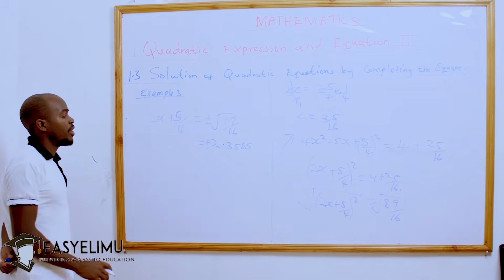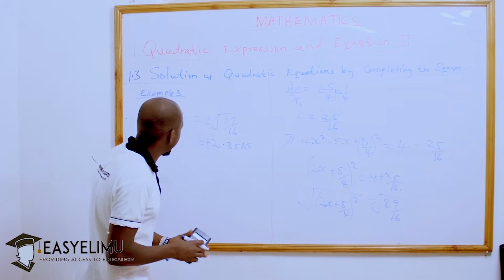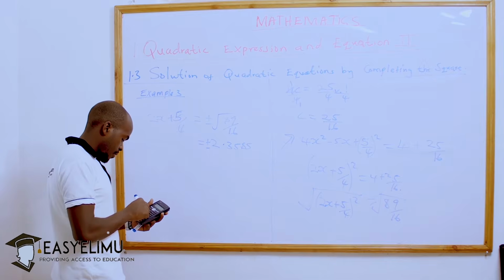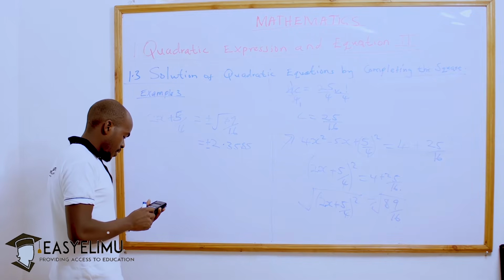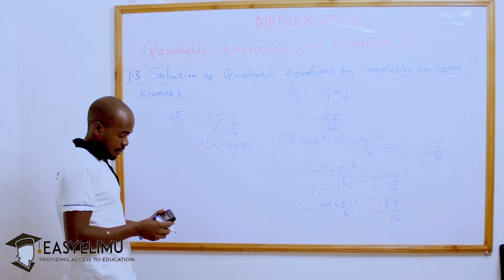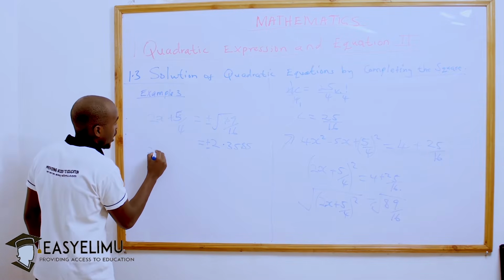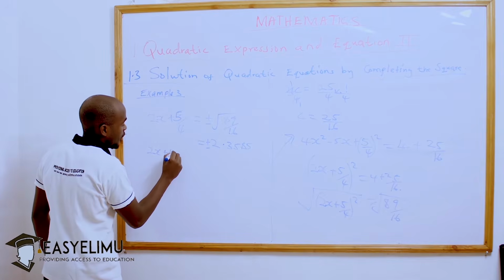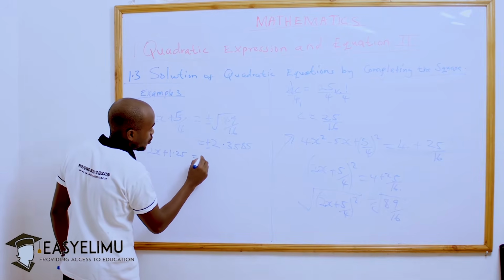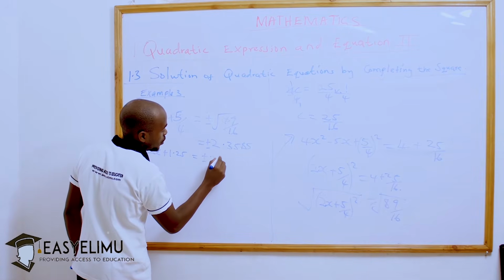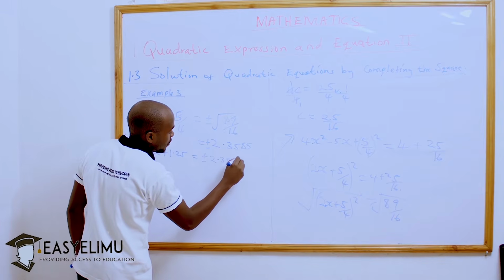So, having that one, we can say the other one can give us 5 over 4, and that is 1.25. So, we can write and say 2x plus 1.25 is equal to positive or minus 2.3585.